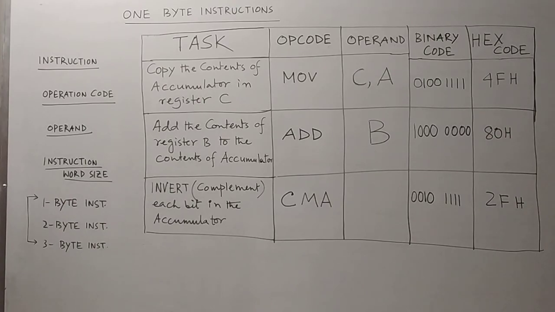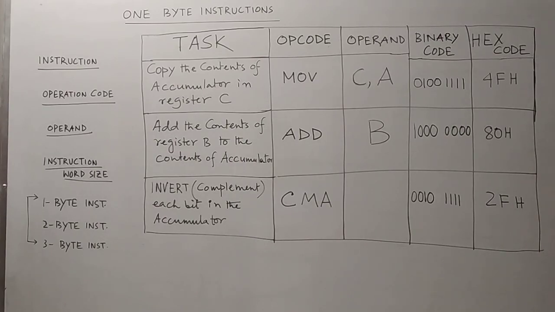And the last task is the inversion, that is to complement or invert each bit in the accumulator. So what is the opcode? It is CMA.